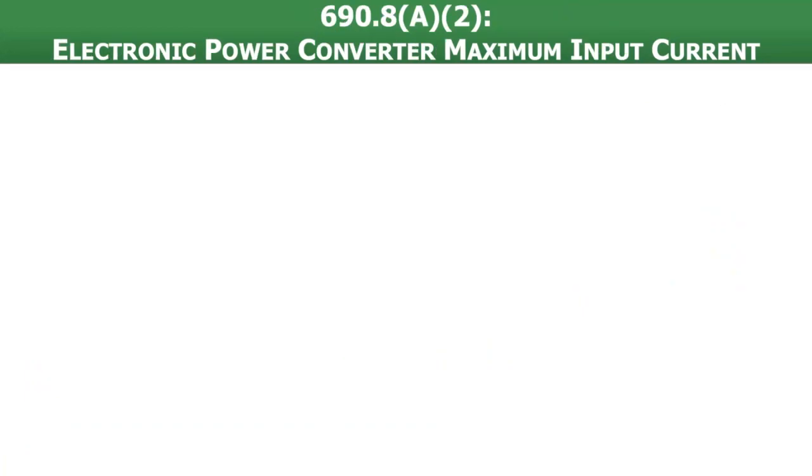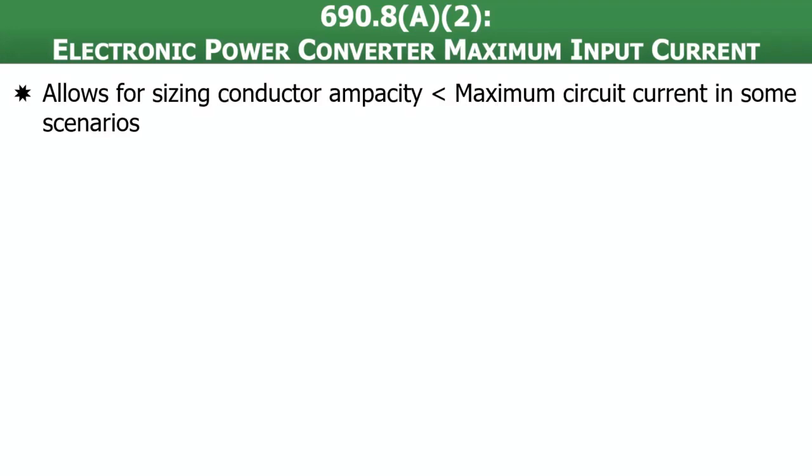Now we're going to look at this maximum input current of EPCs and what we're allowed to do under 690.8(A)(2), just in a little bit of a brief context here. So basically this section allows us to possibly size our conductor ampacity less than the maximum circuit current in some scenarios.